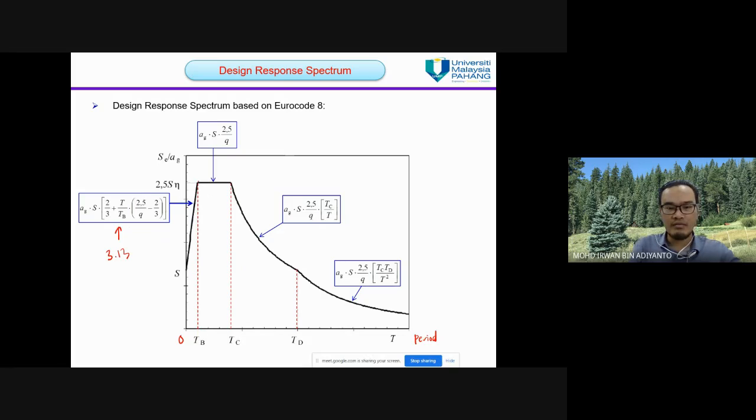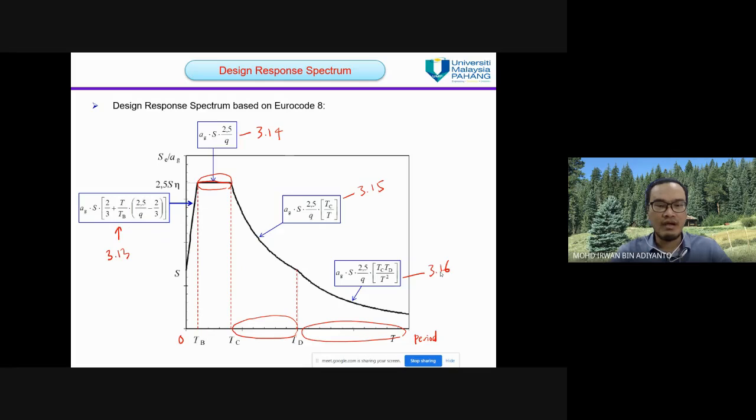For TB to TC, here we use equation 3.14. From TC to TD, we use equation 3.15, and from TD to 4 seconds, we use equation 3.16.